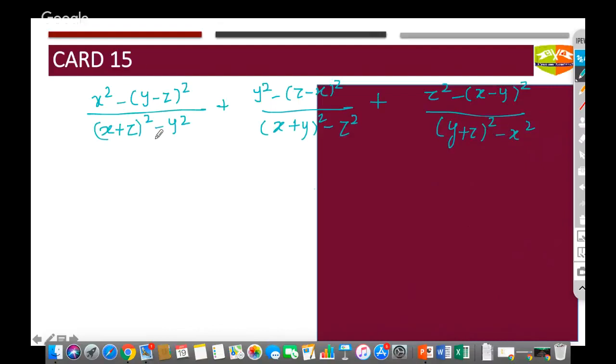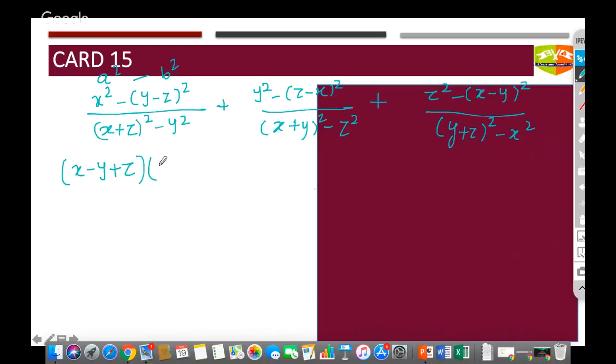First look at the numerator. This is of a² − b² kind, so this can be written as (a − b)(a + b). So I'm writing x − y − z. So this becomes minus, and minus minus will become plus.